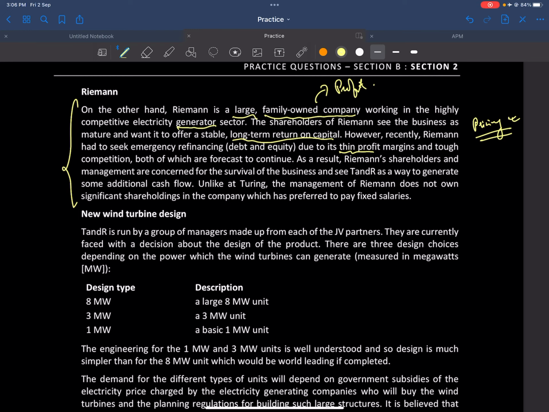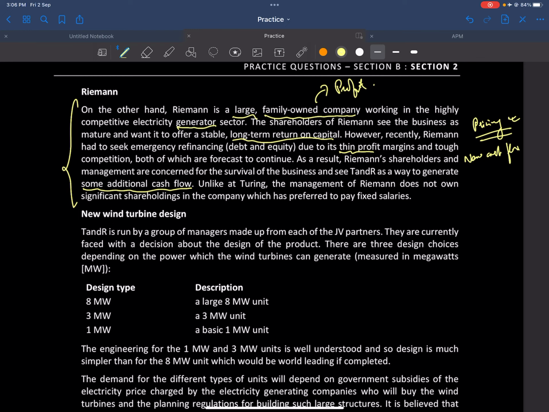As a result, shareholders are concerned for the survival of the business and see TENDAR as a way to generate additional cash flows. So they are looking at it as additional cash flow, so they might tend to be short-sighted or want to develop it as a new cash flow.